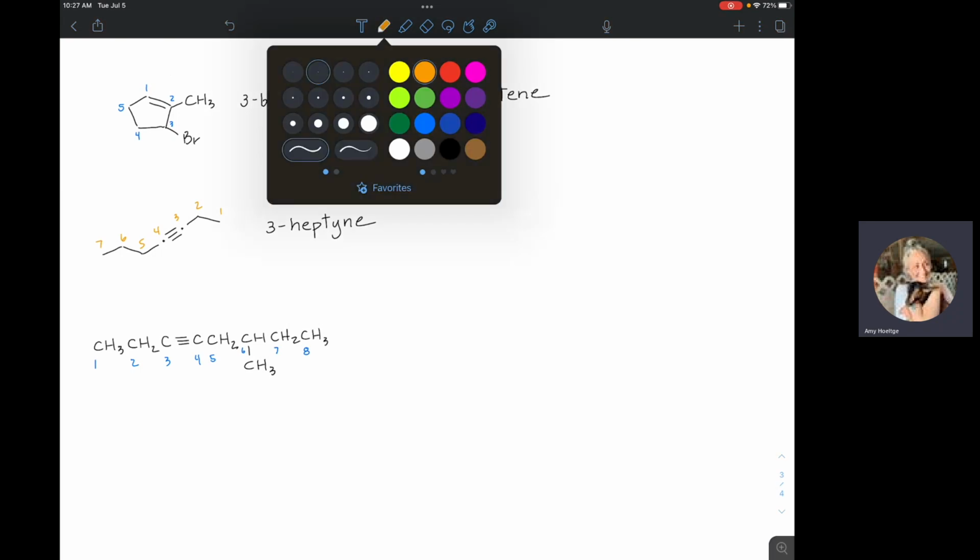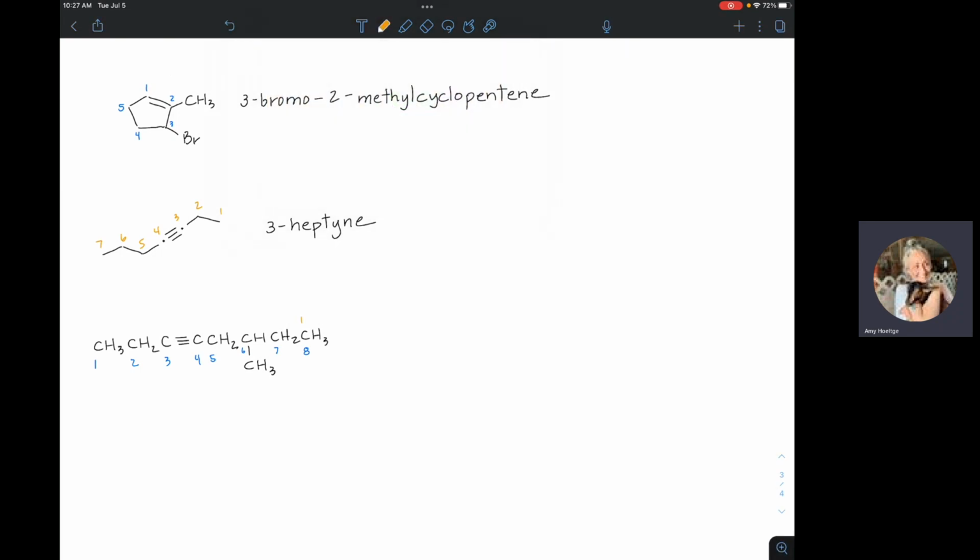If I go from right to left, I have 1, 2, 3, 4, 5, 6, 7, 8. So in this case, numbering from left to right, the blue pathway, we see that the triple bond, and if you need, I can highlight this so that it's easier to recognize in there.